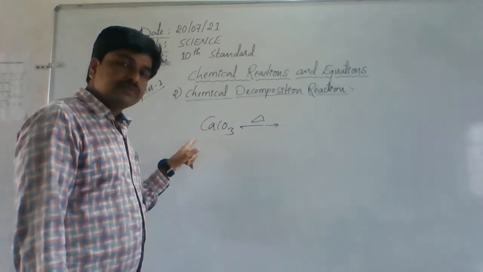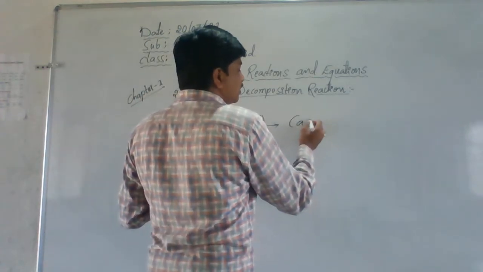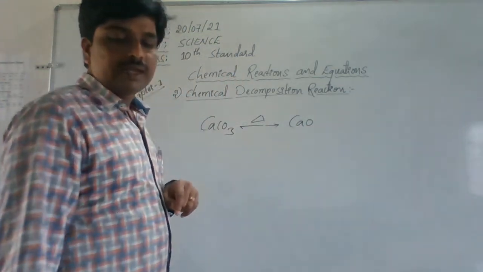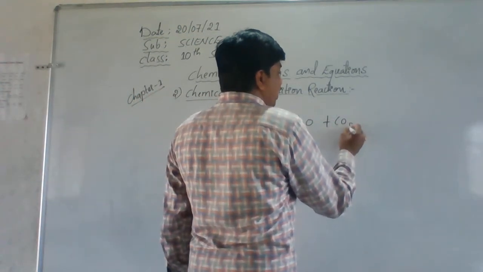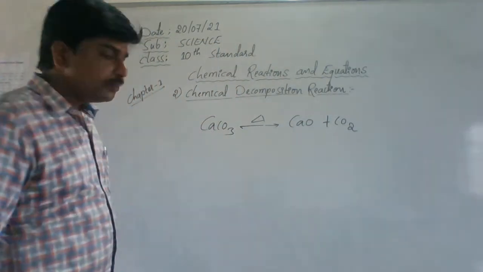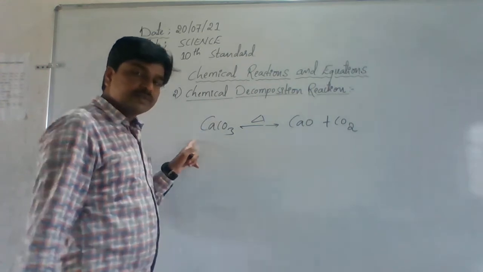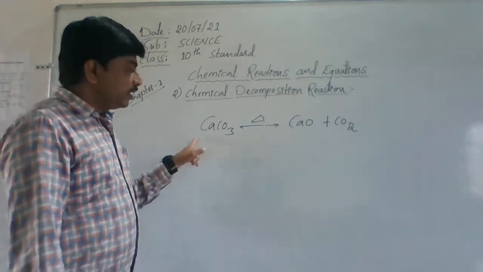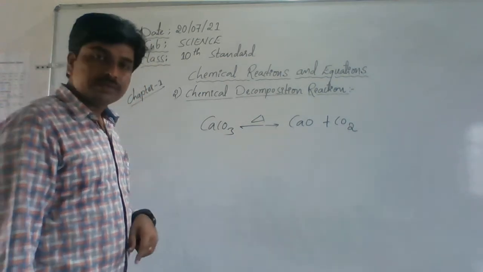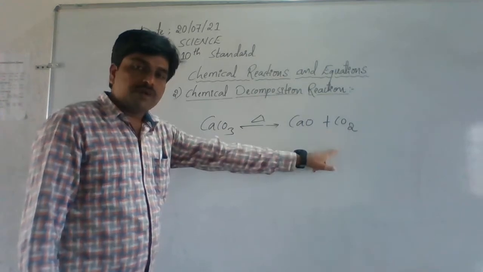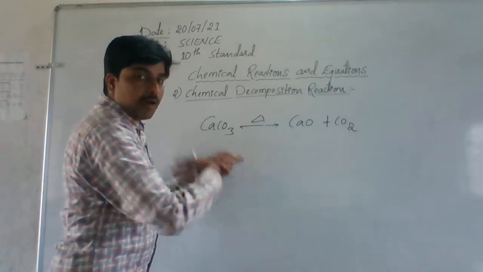So when you heat this calcium carbonate, it decomposes to form calcium oxide, and also releases carbon dioxide gas. See, only one reactant is there, one compound. It decomposes to form many simpler units, more than one. So here two products are formed. Reactant is only one, products are two. Opposite of the combination reaction.